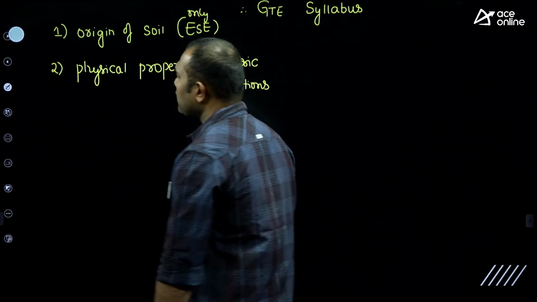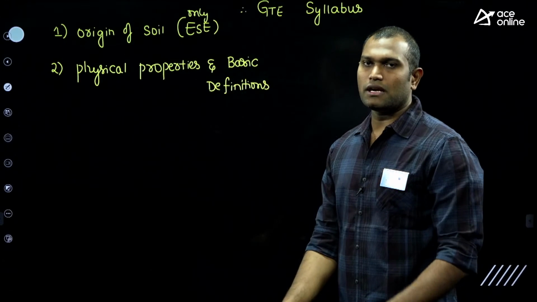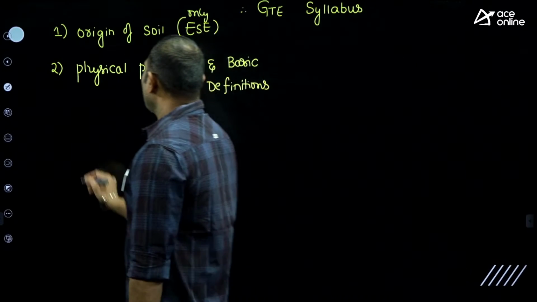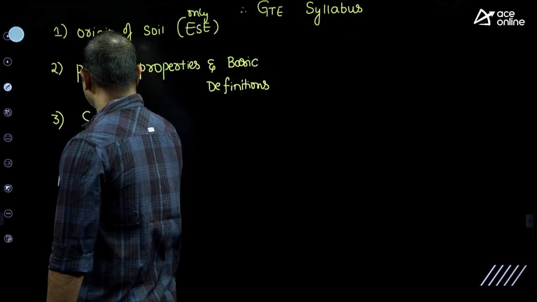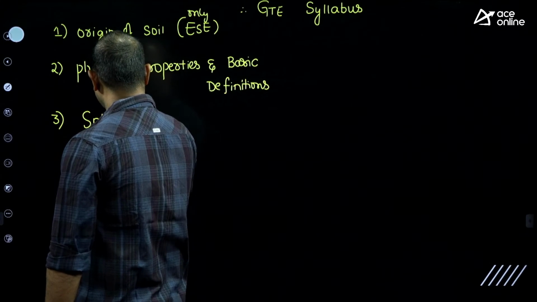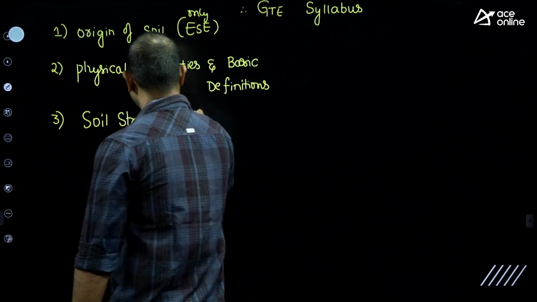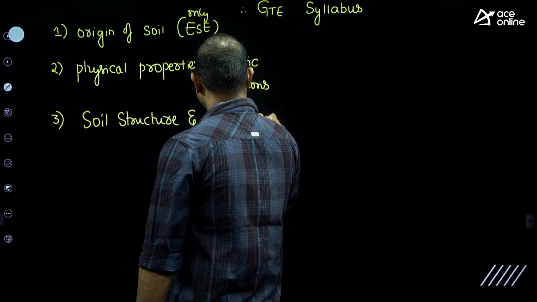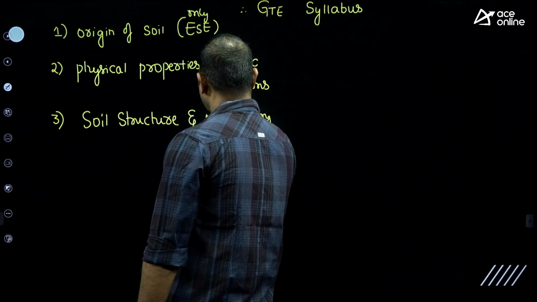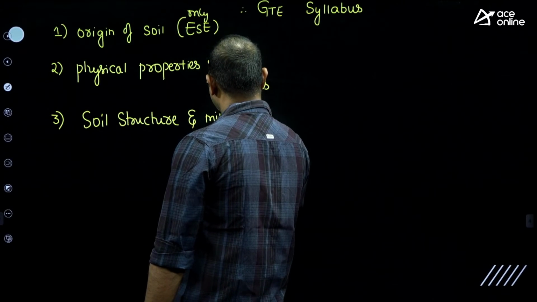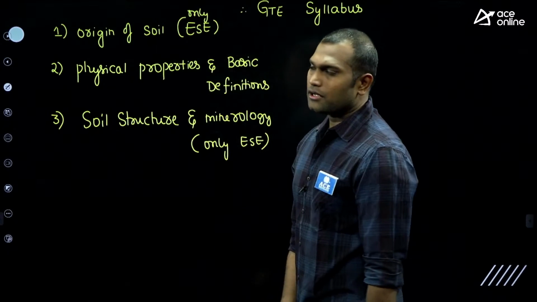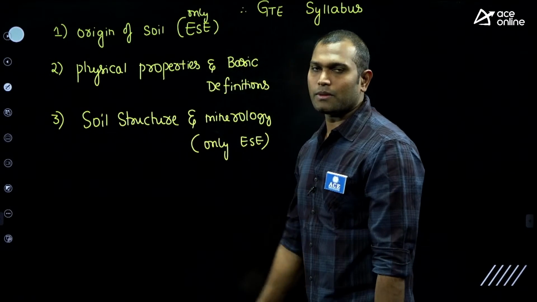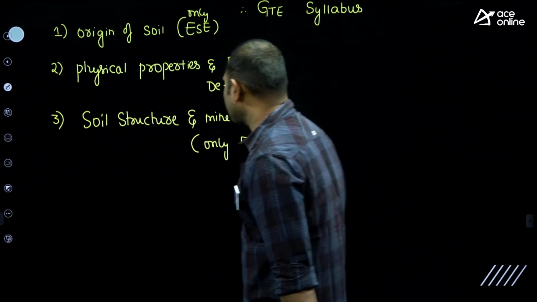In this chapter, we'll be dealing with volumetric relationships and phase relationships. Next, number 3, soil structure and mineralogy. These are also only for ESE, not for GATE. So these two topics are excluded from GATE but included in ESE.